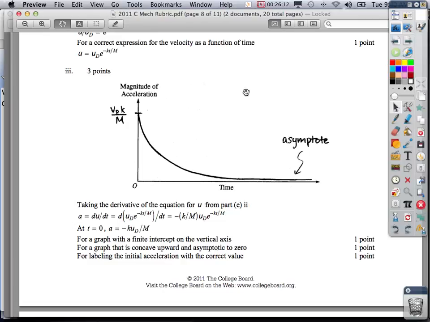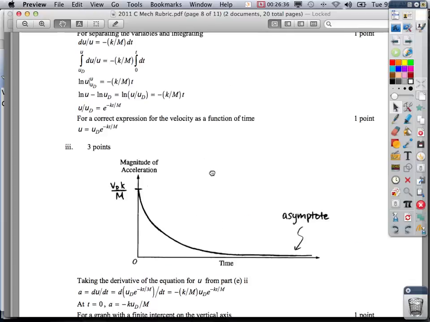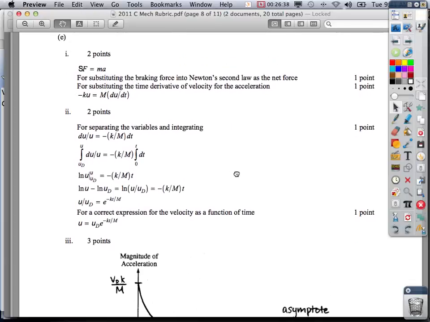Okay, so this thing, the magnitude of the acceleration. Well, if you just look at your expression, if we go back, let's see.